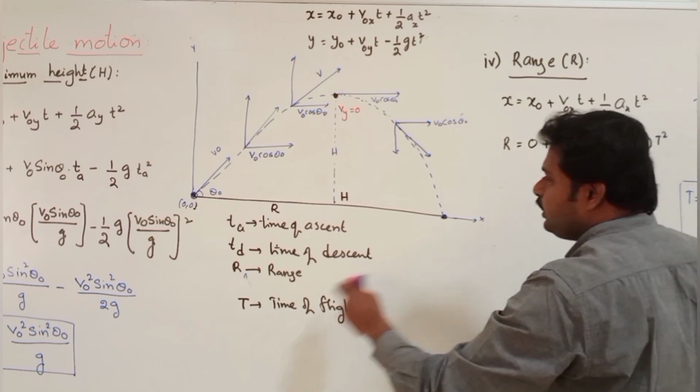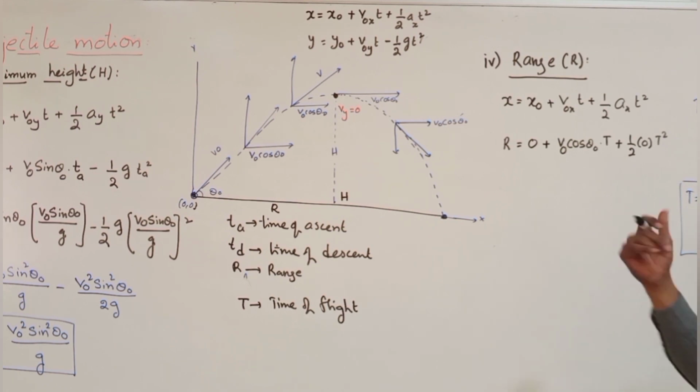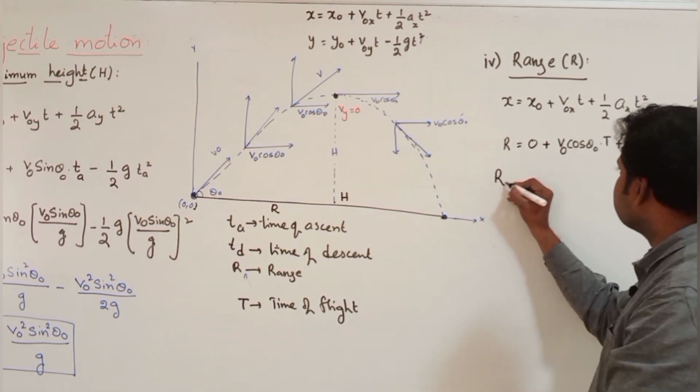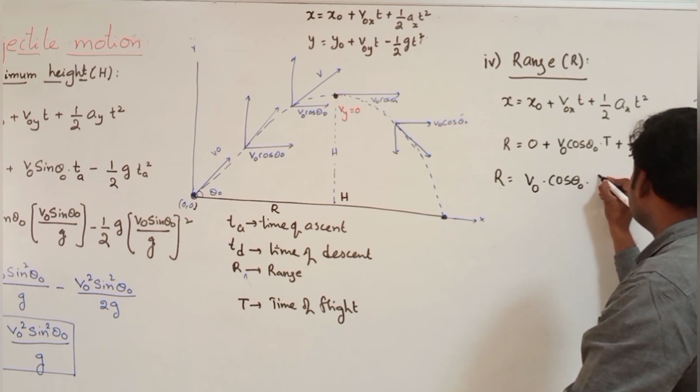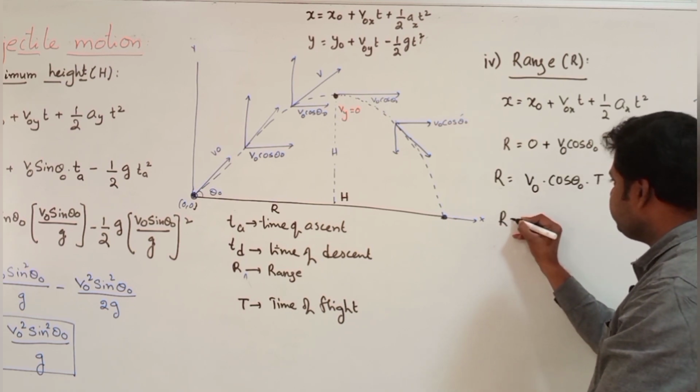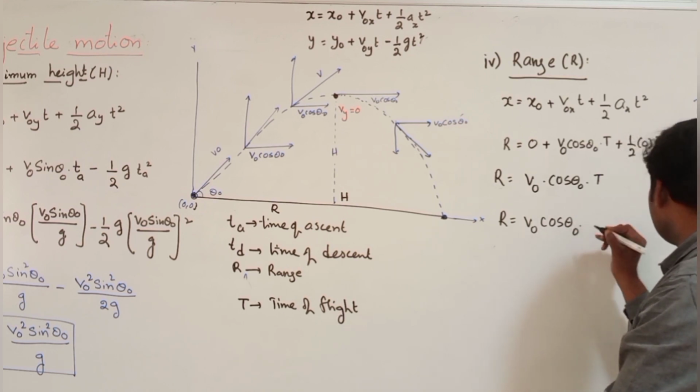Why is it 0? The horizontal component of acceleration is 0, because the horizontal component of velocity remains constant in projectile motion. Throughout the motion, the horizontal component of velocity remains unchanged. Now R is equal to v naught cos theta naught into simply T. Now you substitute v naught cos theta naught into T.